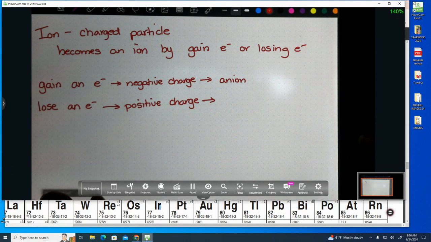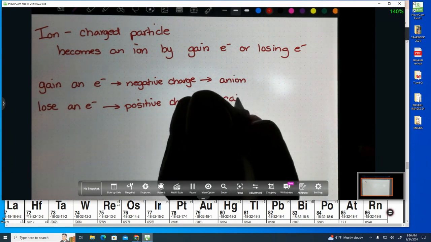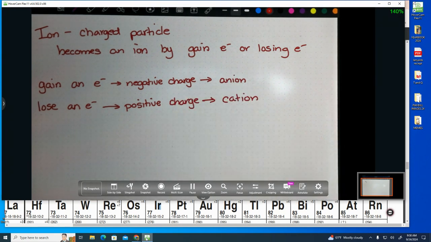You become a cation. Carrot. We're making soup here. We got onions, leeks, and carrots. So, a cation: cats have paws, are positive. Okay, roll your eyes, groan.